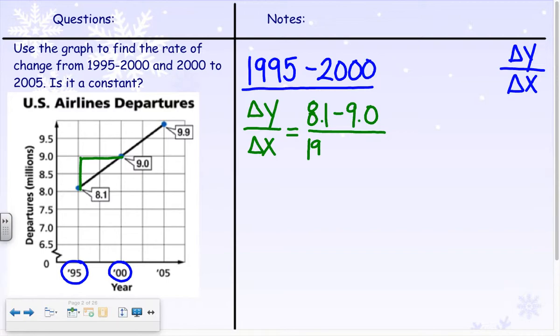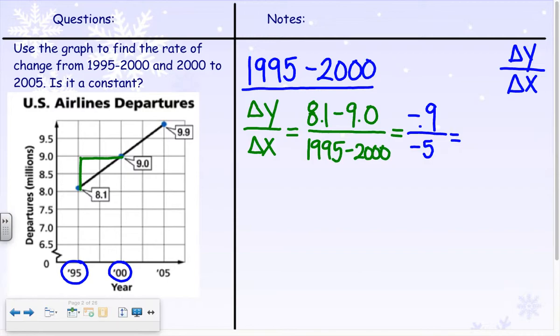So 1995 minus 2000. Now keep in mind, you can do 8.1 minus 9, or you can do 9 minus 8.1. You can do 1995 minus 2000, or you can do 2000 minus 1995, but you have to stay consistent with which one you do. So 8.1 minus 9 would be a negative 0.9, and 1995 minus 2000 would be a negative 5.